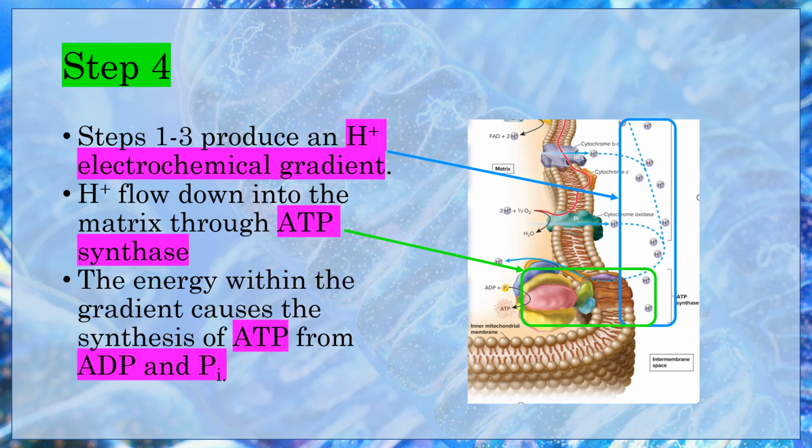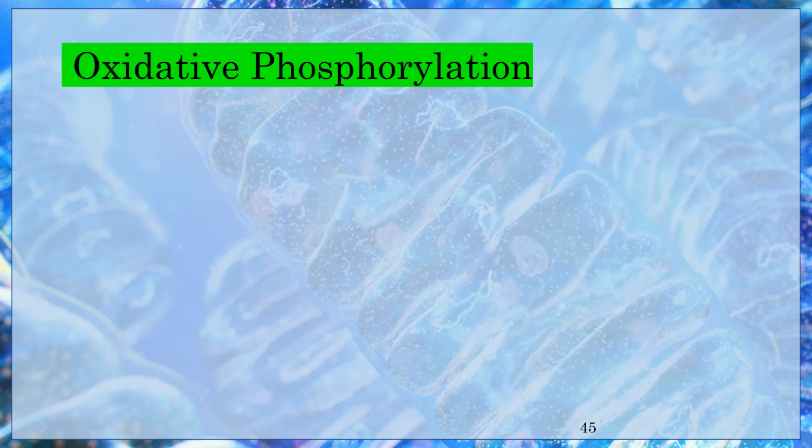And the energy within the gradient causes ATP synthase to form ATP from ADP and phosphate. So the whole point behind this step is to get those hydrogens in blue down to this ATP synthase to create ATP. It's done with oxidative phosphorylation.